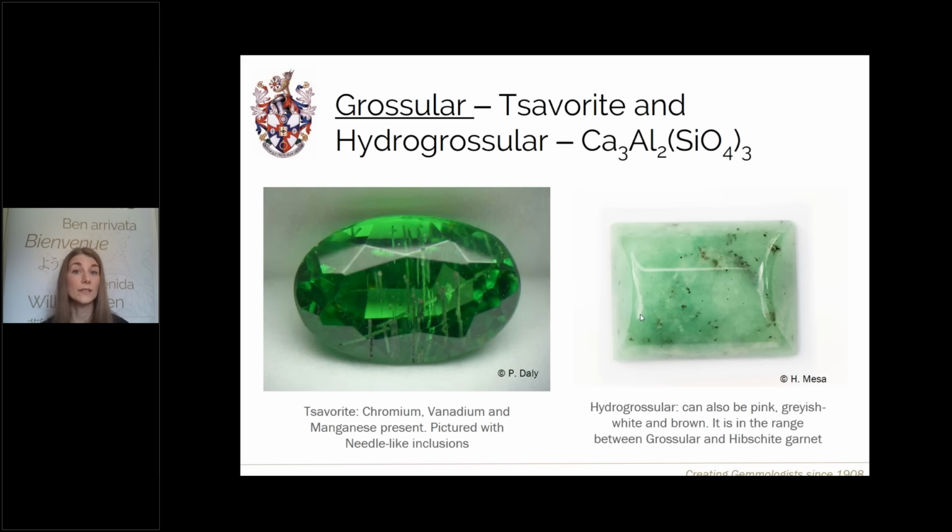Sometimes tsavorite can be really clean and inclusion-free, and other times you can see things like needle-like inclusions pictured here, or very neat feathers. So they can be quite tidy and very organized within the tsavorite.